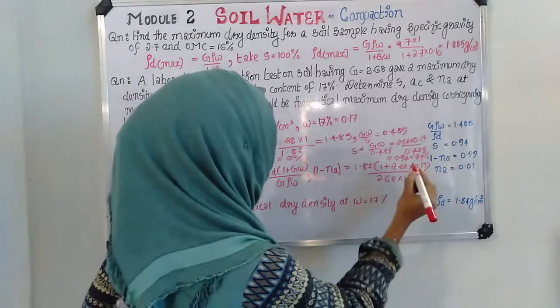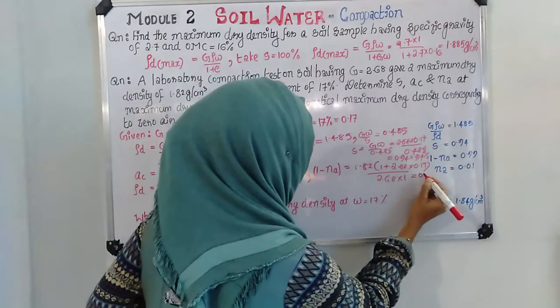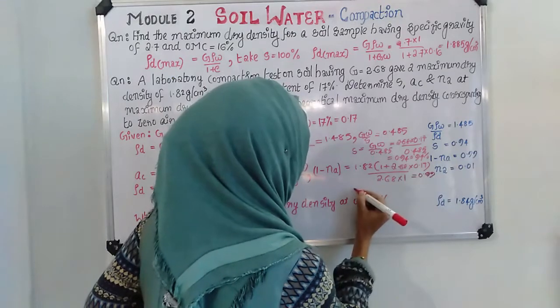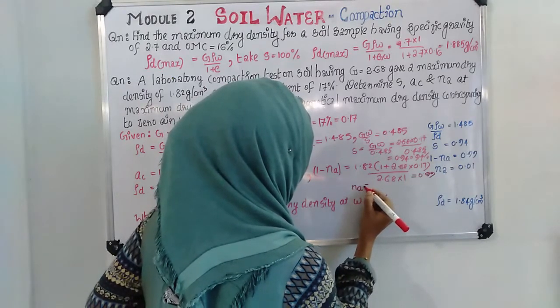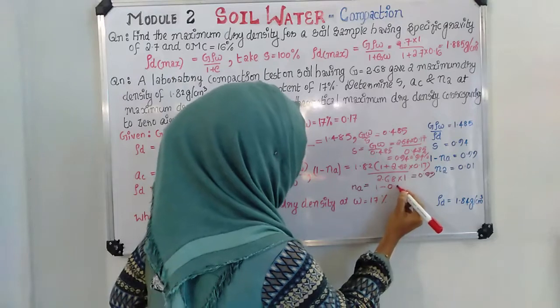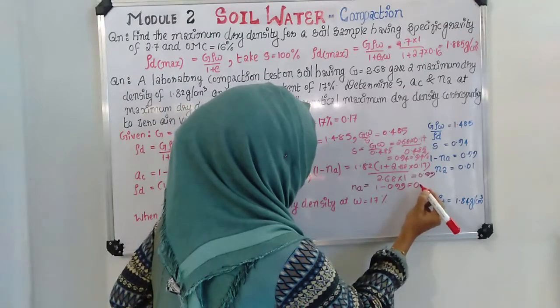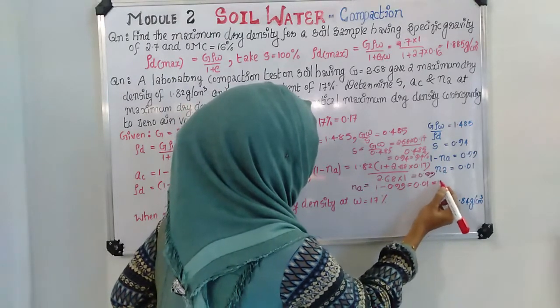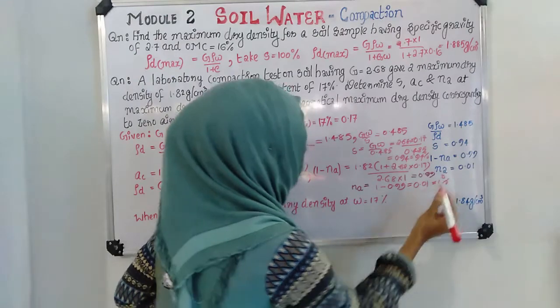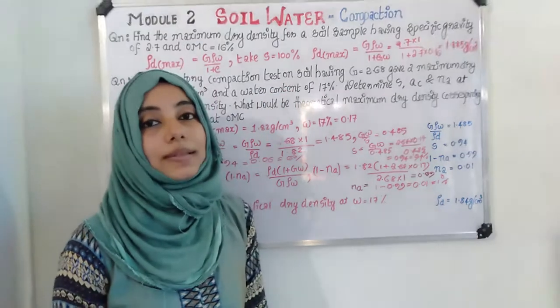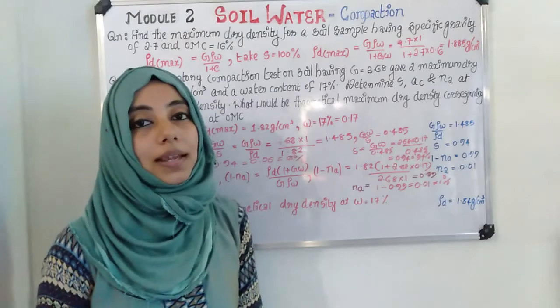Then 1 minus Na is equal to 0.99. Then Na is equal to 1 minus 0.99, which is equal to 0.01 and equal to 1%. So percentage air voids is equal to 1%.